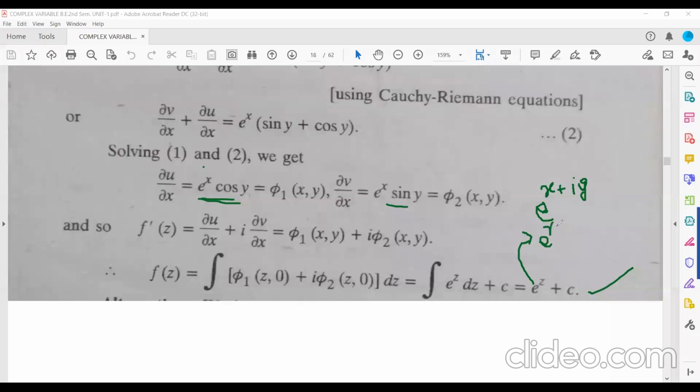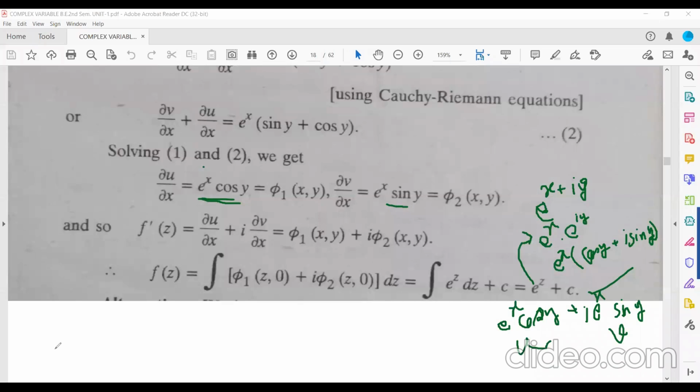So it will be nothing but e to the power x into e to the power iy, and e to the power iy is cos y plus i sin y. So this will be e to the power x cos y plus i e to the power x sin y. So this is the u and this is the v. So you got the u and v parts. Is that clear?